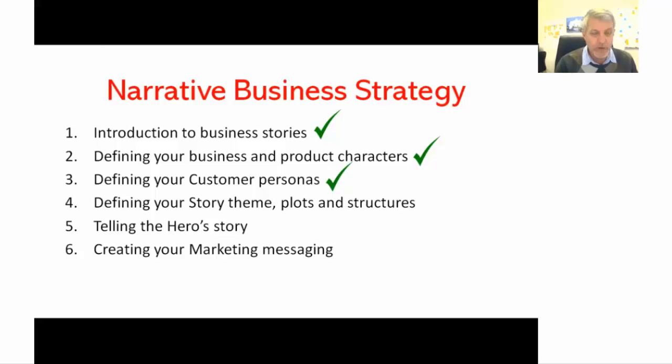From those characters, you choose the three main characters: your hero, the villain and the princess. The hero's only a hero because he's got a princess to rescue and a villain to overcome. And the villain is only a villain because there's a hero standing in the way of his agenda.